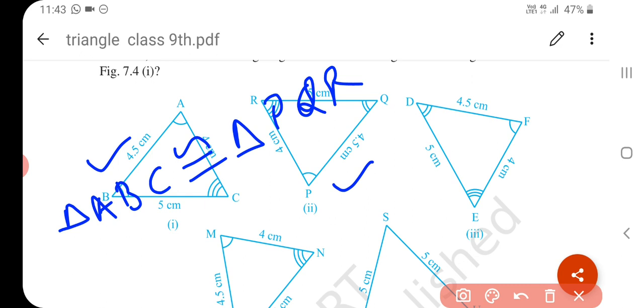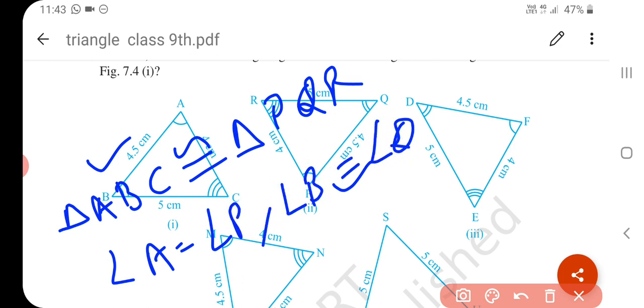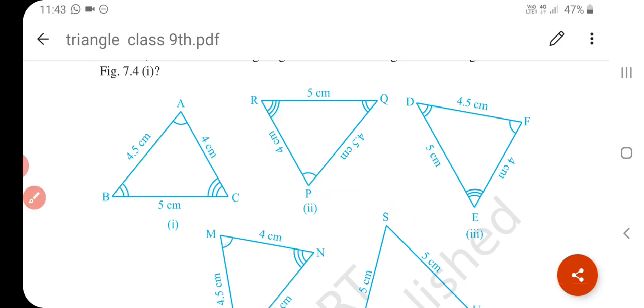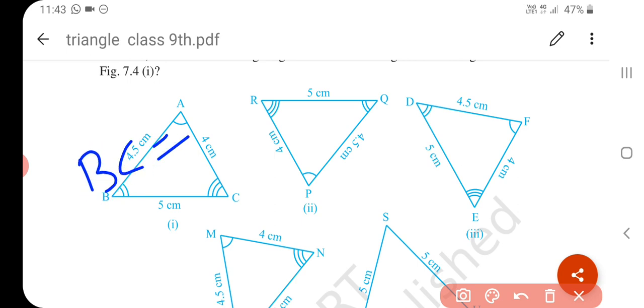Okay, and you can write this way also: angle A is equal to angle P, angle B is equal to angle Q, angle C is equal to angle R. Okay, and you can also write, BC is equal to which side? BC is equal to QR.